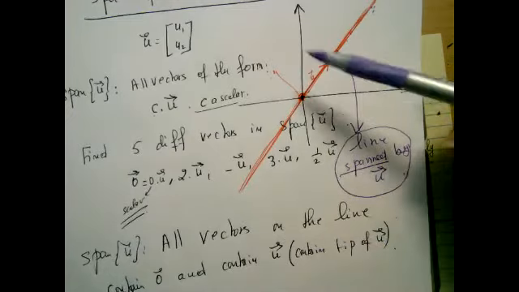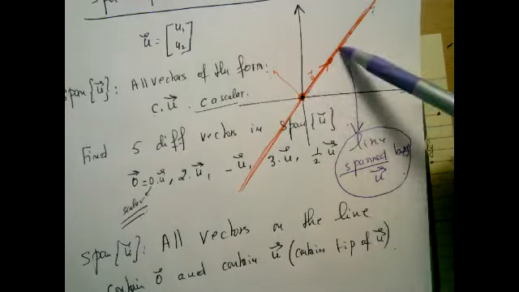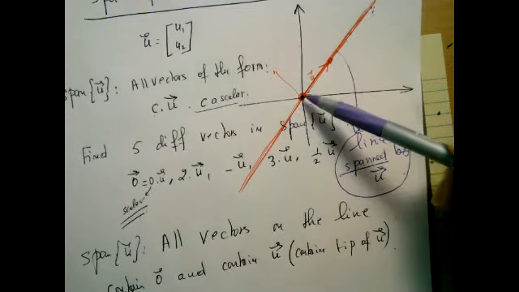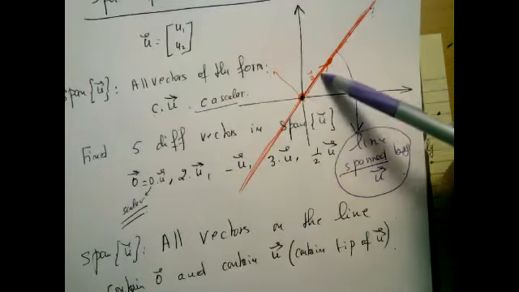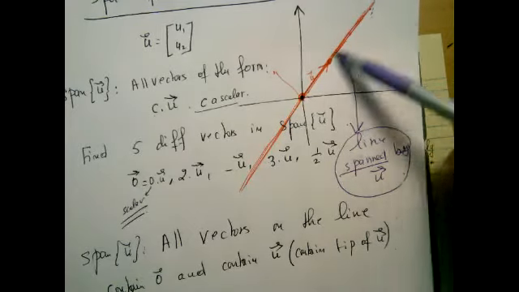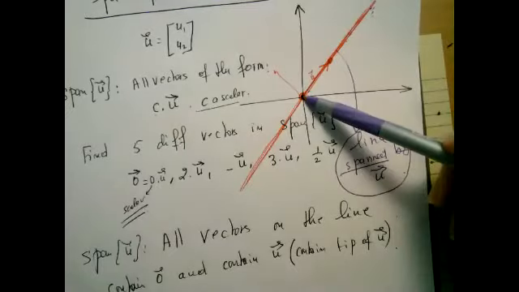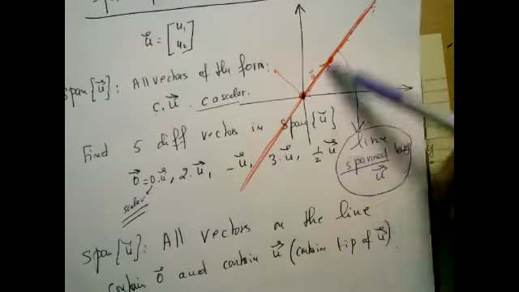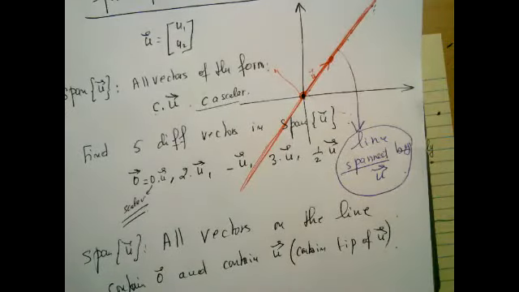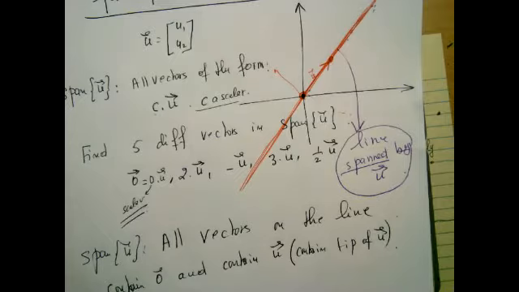So geometrically, what's the span of U? All the points that you can get to from the origin by following one direction, which is the direction of U, are only the points on this line. So span of one vector is actually not hard.